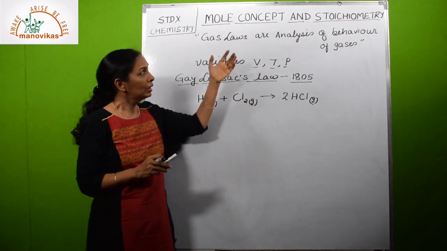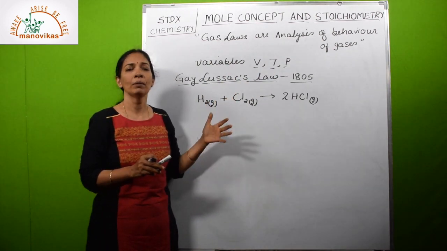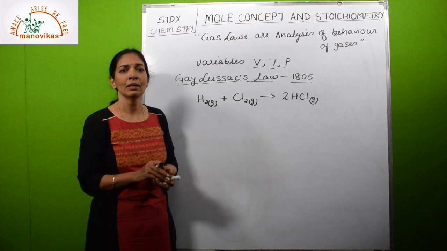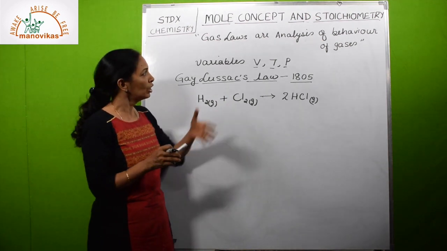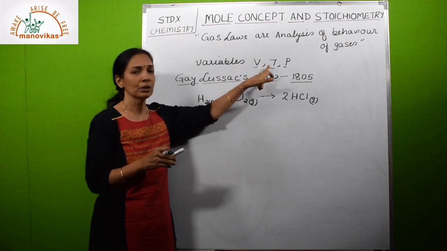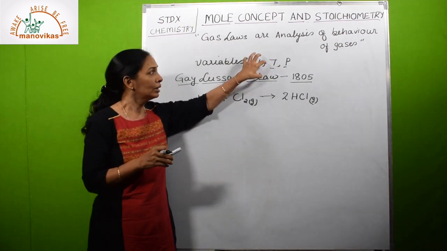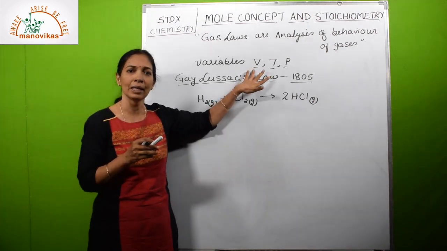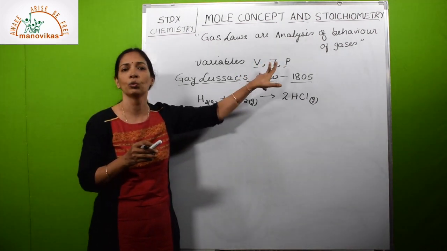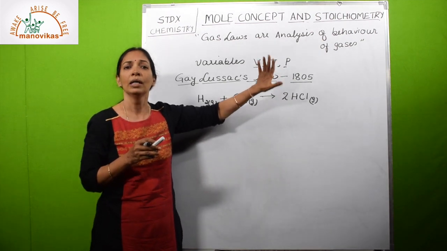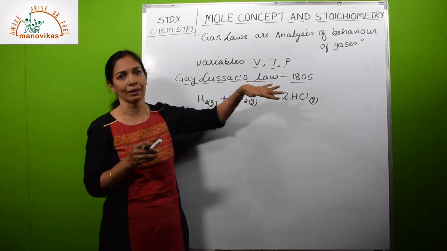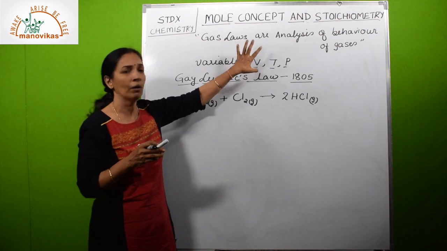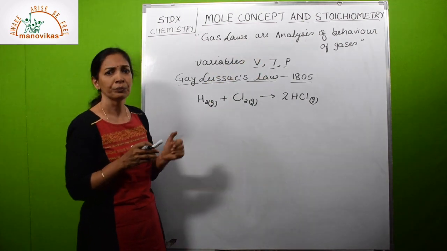These gas laws are obeyed by all the gases when a change is subjected to these variables, volume, temperature and pressure. These variables are interrelated. If one of the variables is changed, it will affect the other two variables also. They will either increase or decrease.